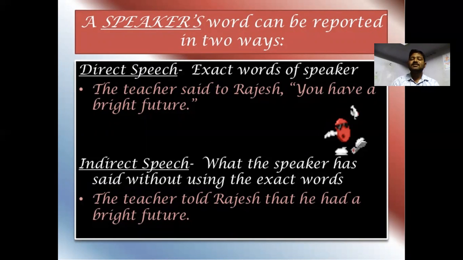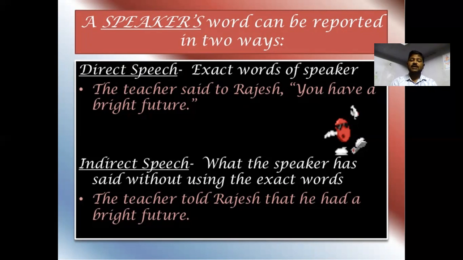In the indirect speech, we say what the speaker has said without using the exact words: the teacher told Rajesh that he had a bright future. So while we are changing into the indirect, the speaker's words have to be changed without using the exact words.